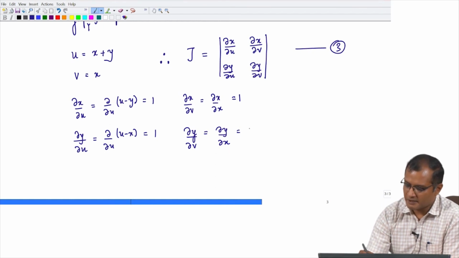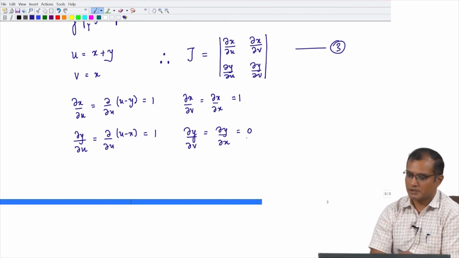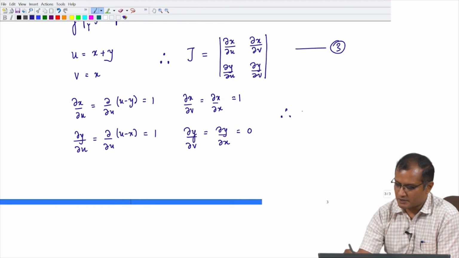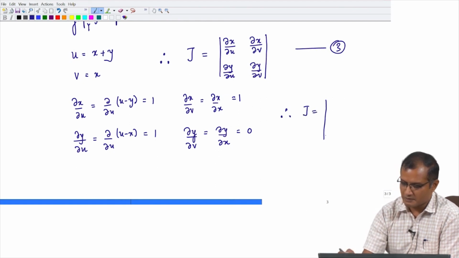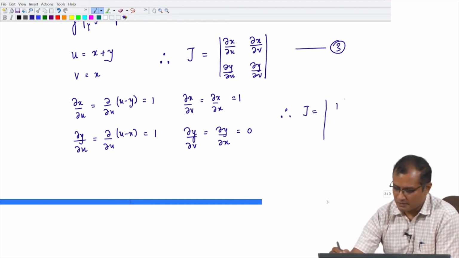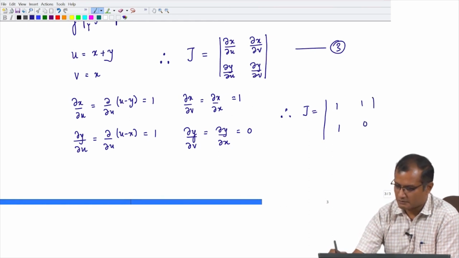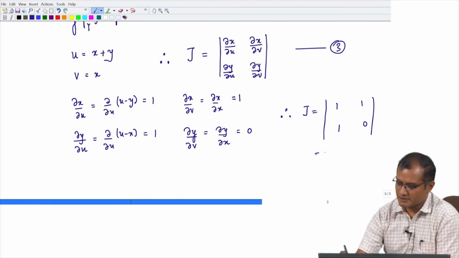Y and x are independent variables, so this is 0. So, therefore, our Jacobian becomes 1, 1, 1, 0. So, the Jacobian becomes minus 1.